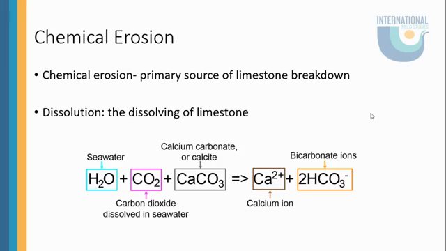And if you look at this chemical equation below, you can see that give and take, that repurposing of those materials with salt water, carbon dioxide, and calcium carbonate, or that limestone or calcite. Remember, that's the building block of all of those. Those actually can be broken down into calcium ions and bicarbonate ions, and that's the material that those organisms are using for their shells and skeletons.